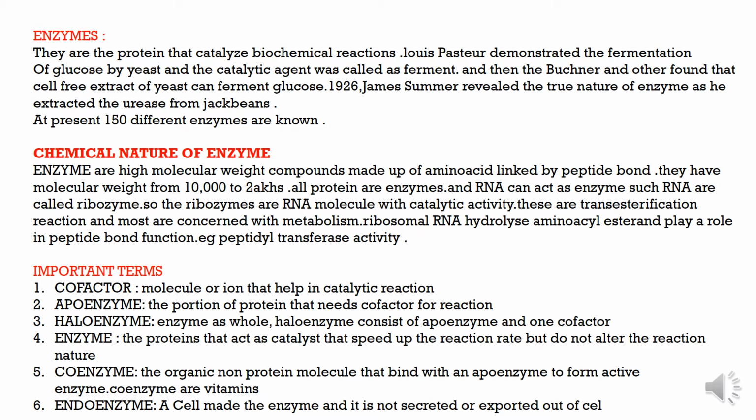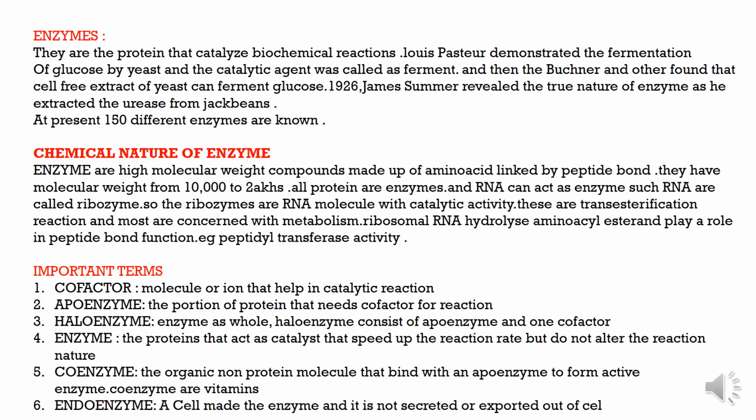Important terms. Cofactor: a molecule or ion that helps in catalytic reactions. Apoenzyme: the portion of the protein that needs a cofactor for reactions. Holoenzyme: the enzyme as a whole, consisting of apoenzyme and a cofactor.